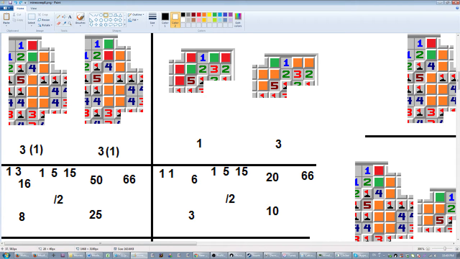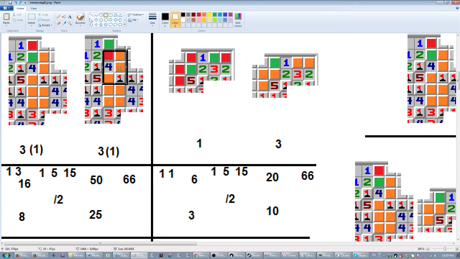So this 4's sure, there's 2 mines in these 3 blocks. So there's 2 combinations where this is a mine, where this is a mine, and where this is a mine.